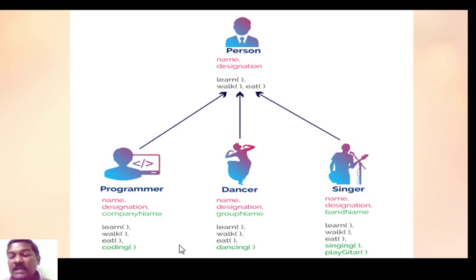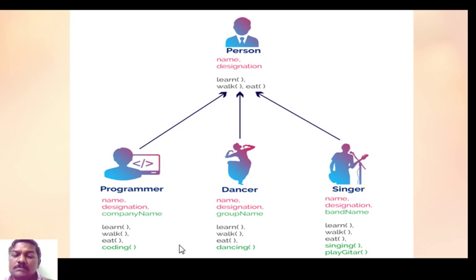In the same way, it is applicable for dancer also. A dancer has a name and designation. Group name might be a class name, like that we can call it. Then a singer has a name, designation, and the band which he is working for, that is called band name. So they are the unique values of each and every personality.